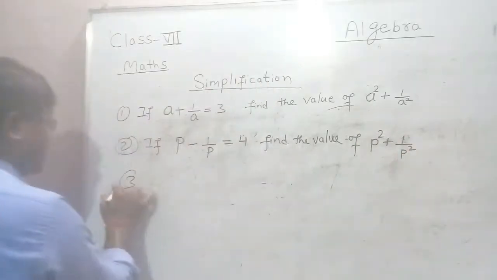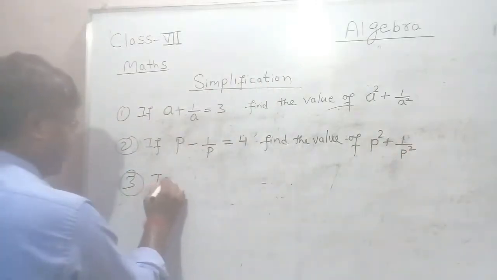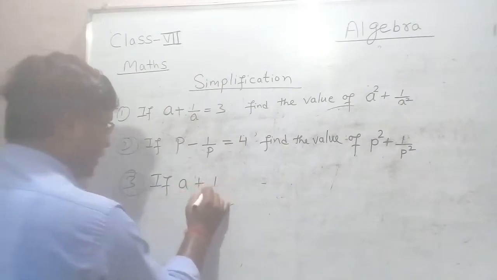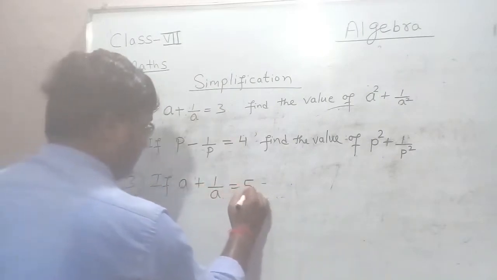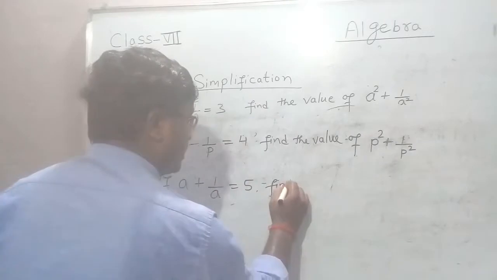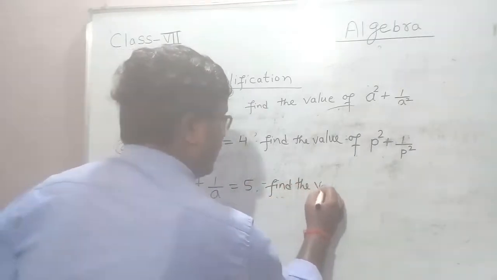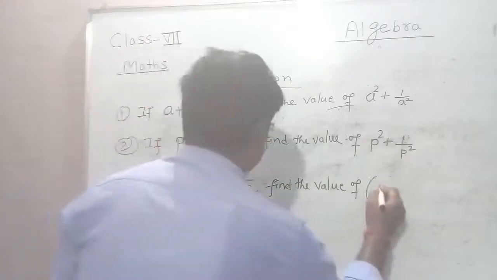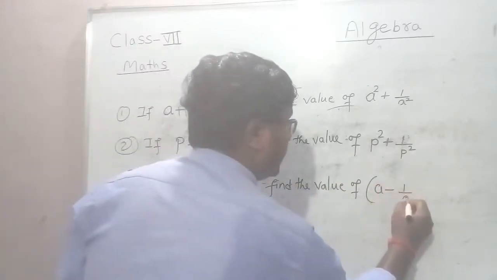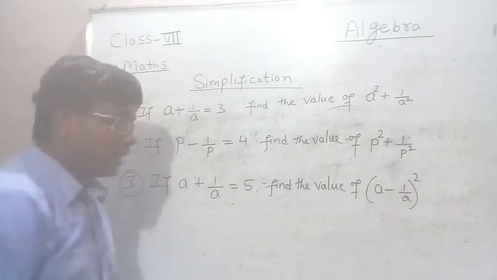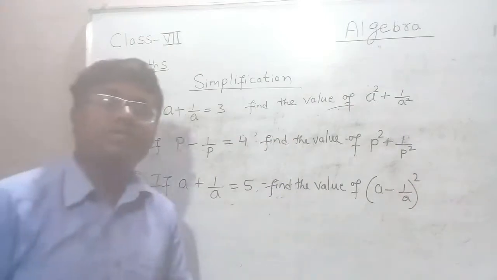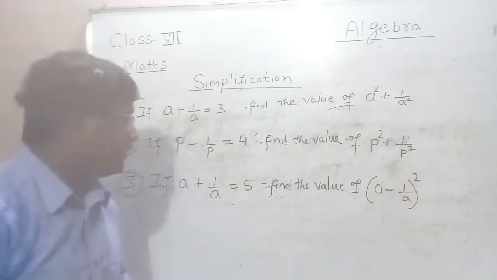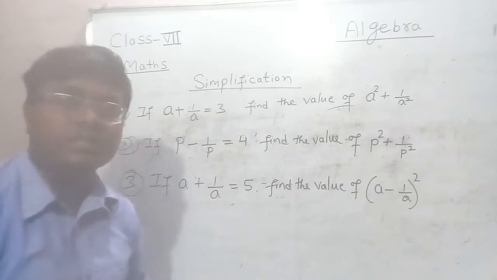Similarly, your third question is, if a plus 1 upon a is equal to 5, find the value of a minus 1 upon a whole square. So these three questions, please all try at home. I hope you can easily do these three questions.